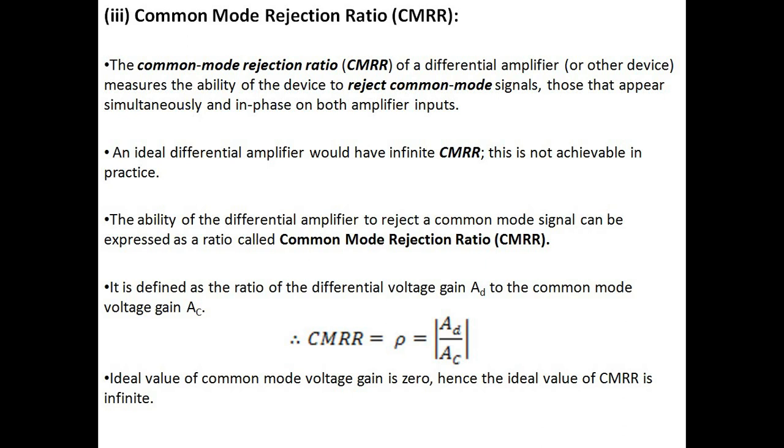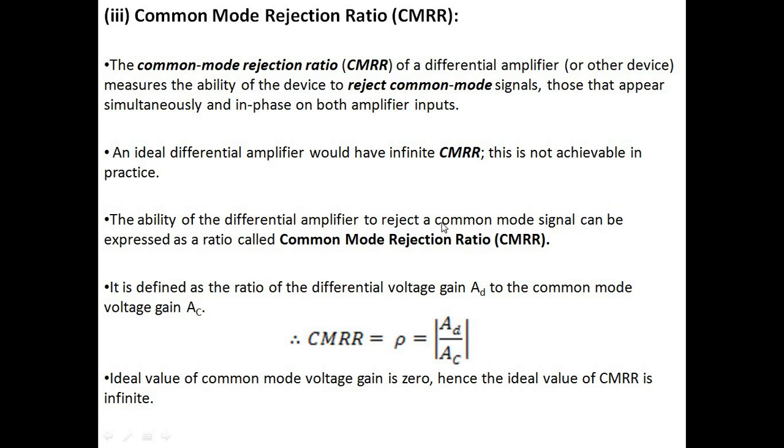Both the signals are in the same direction, and those are called the common mode signals. We need to eliminate the common signals present in V1 and V2. That's what we normally call the common mode rejection ratio. This is the basic definition.